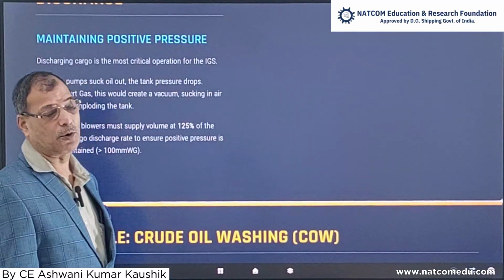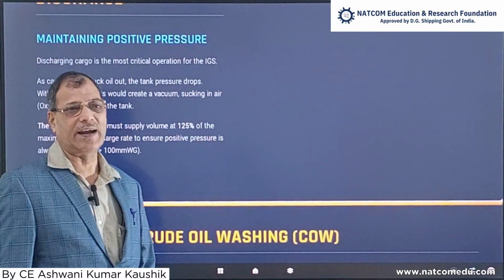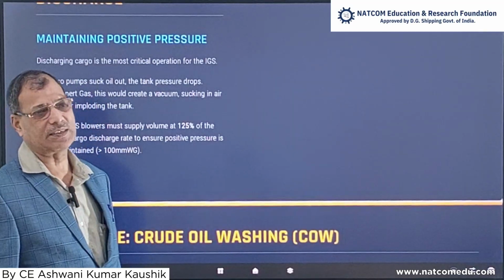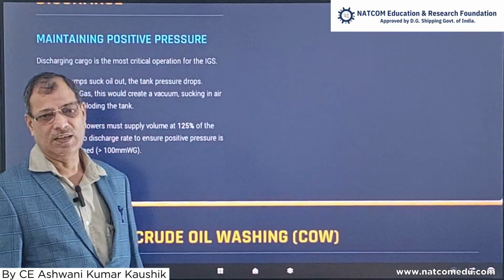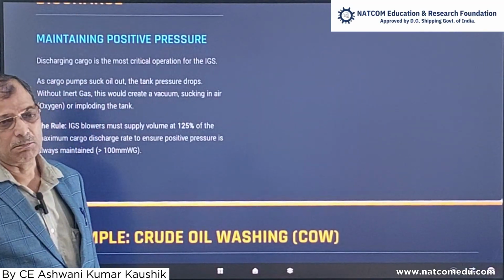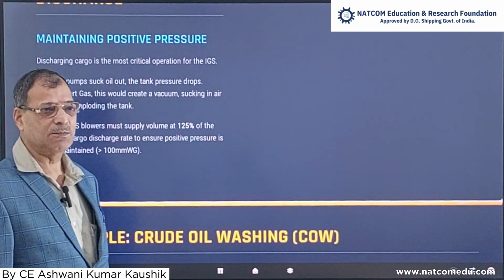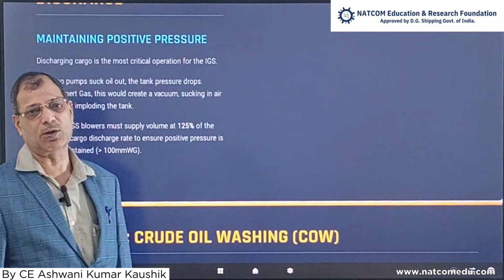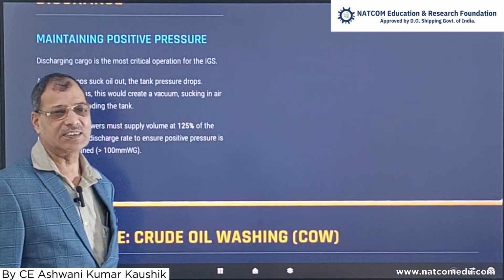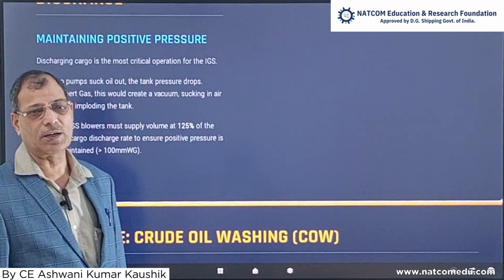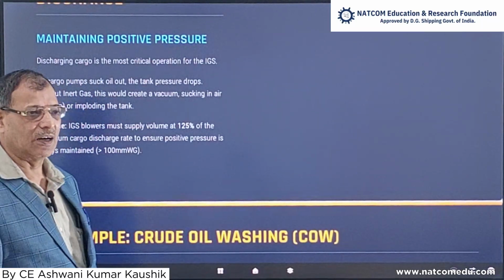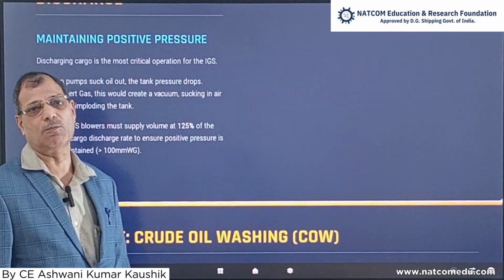Yes, this is very important. Sometimes you are on board and some master or chief officer will say, okay, we need more IG pressure. But one IG blower is more than sufficient, because the manufacturer designs it like this: one blower is 125% compared to what is connected to your cargo pumps.